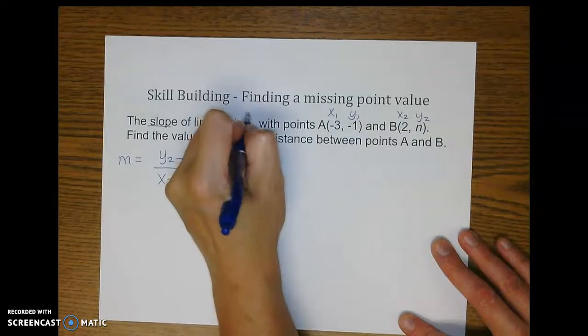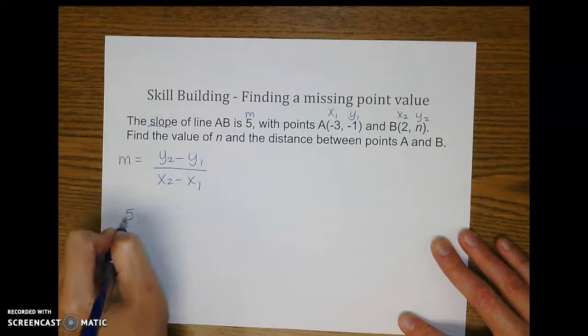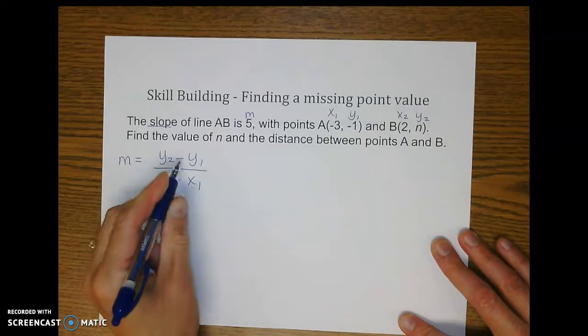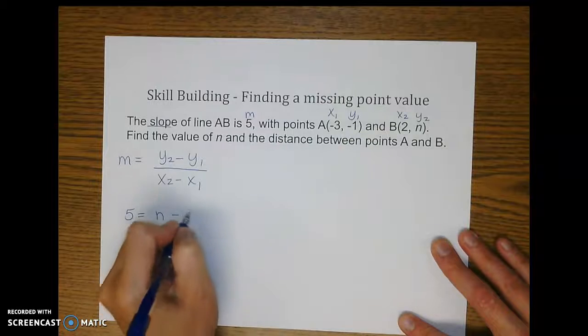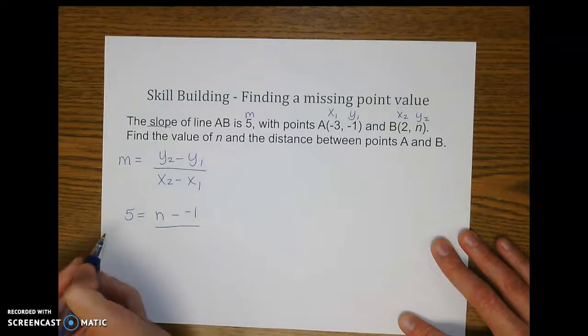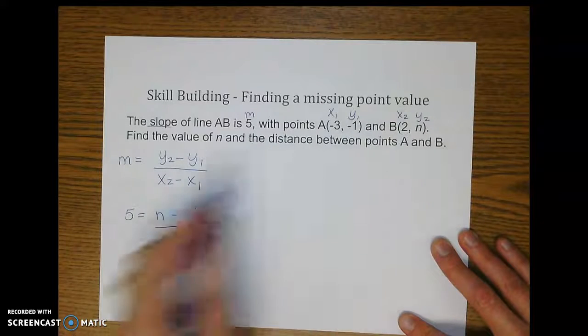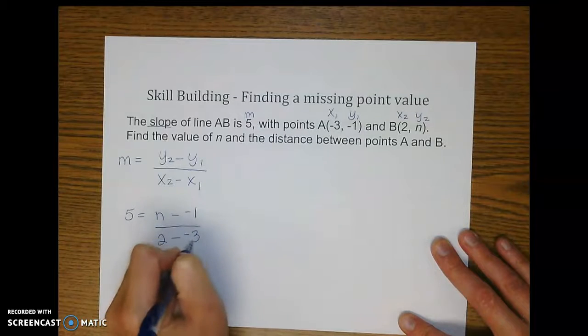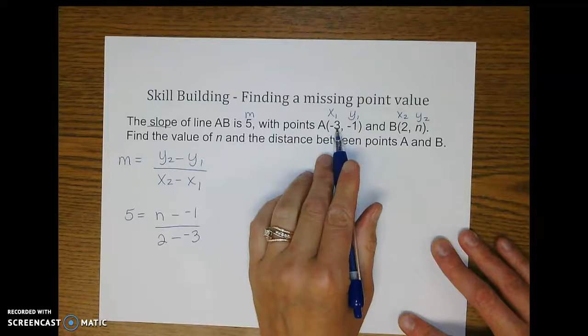By the way, slope is m. So we're going to have 5 equals y2, which is n, minus, from the formula, -1 from the other ordered pair, over x2, which is 2, minus, from the formula, -3 from the ordered pair.